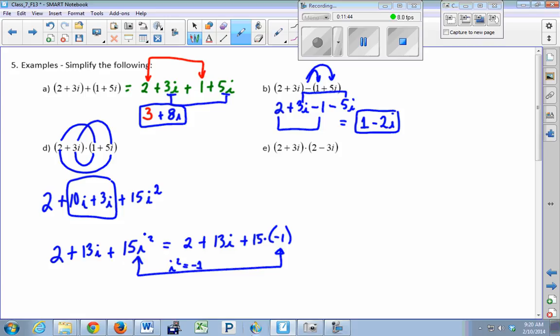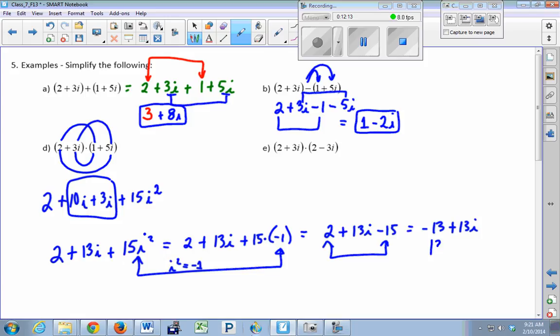And now you actually get to combine it one more time, because now you have 2 take away 15, and that's -13 plus 13i. So it works just like it normally does, except you just have to remember that i squared now can be simplified further. Any questions on how I got -13 plus 13i?